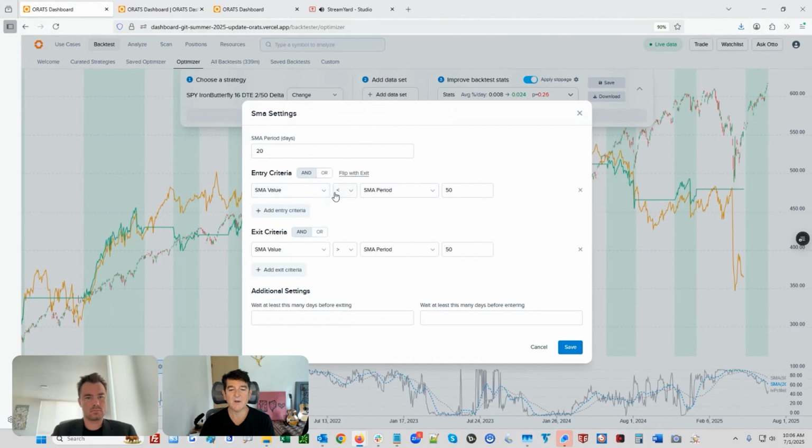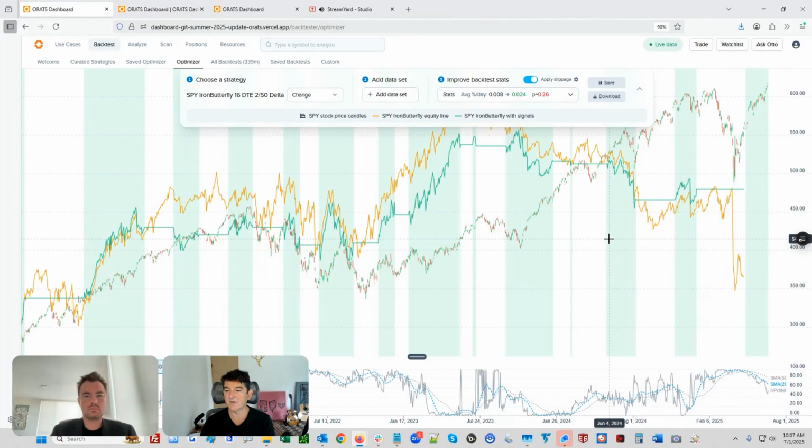So this one will look for a period when the SMA 20-day is less than the 50-day, and it'll exit when the SMA 20-day is greater than the 50-day. You can see when these happen, it's denoted by we're in the trade when it's green and we're out of the trade when it's white.